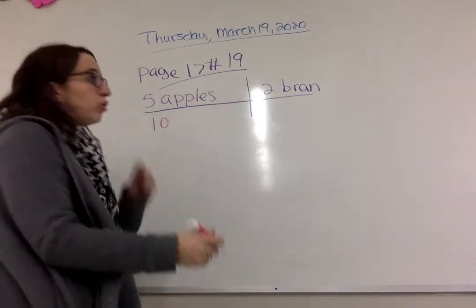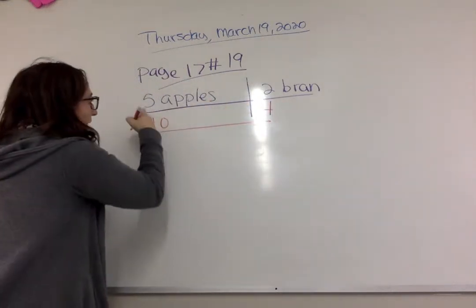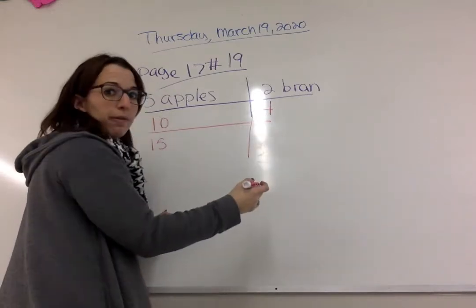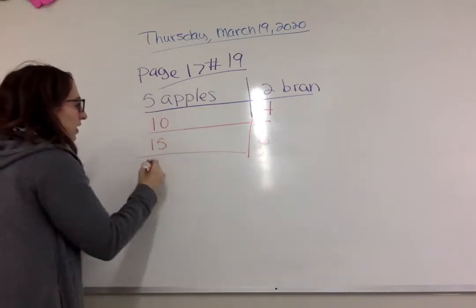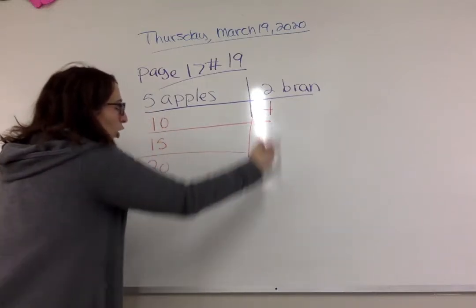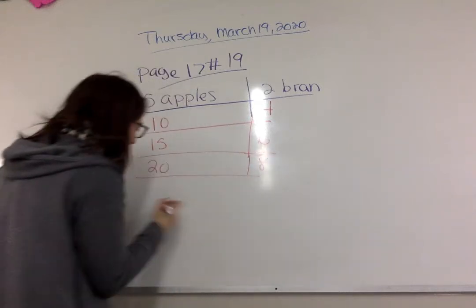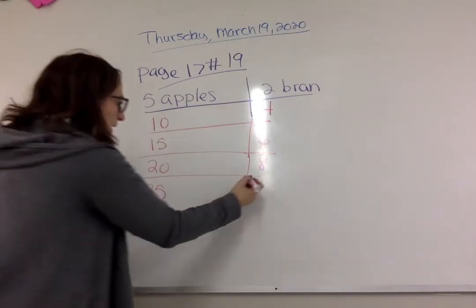If I double 2, I get 4. Then I count by 5, so I get 15, and 2, 4, 6. 5, 10, 15, 20 and 2, 4, 6, 8, and keep going: 25, and 10.